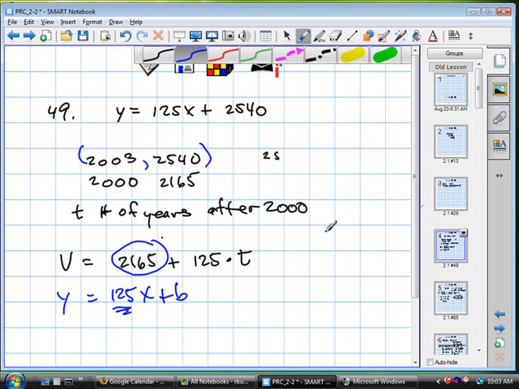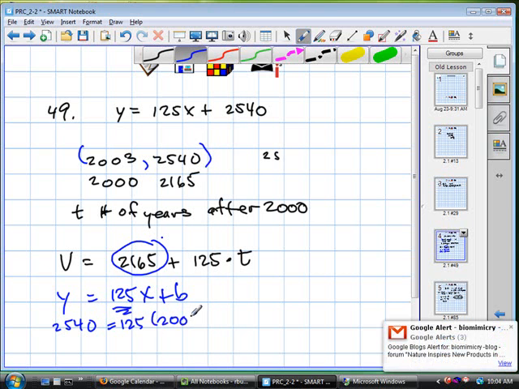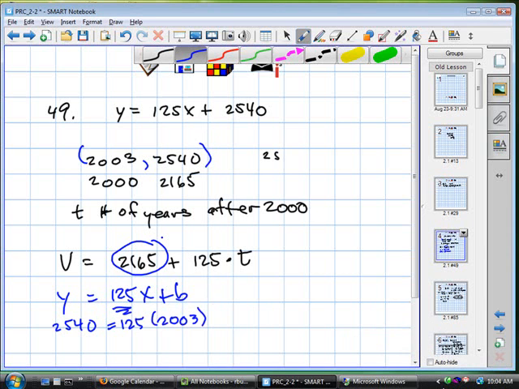So let's just quickly do that, see if that works. Plugging that in, what do you get? You get 2540 equals 125 times 2003 and then plus b.